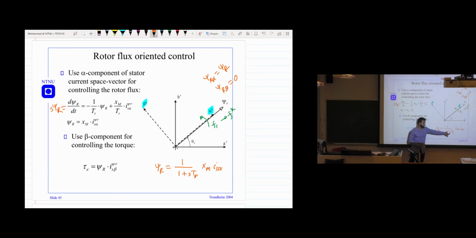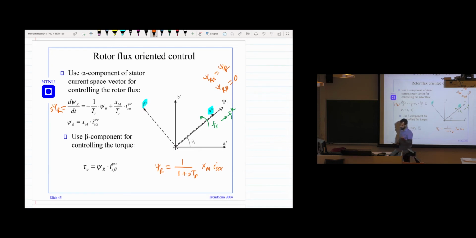And you also see that there is a transfer function. It's a low pass transfer function, and the time constant TR is quite large. So what does that mean? It means even though we can change the current instantly, it takes time to see the change in the flux.